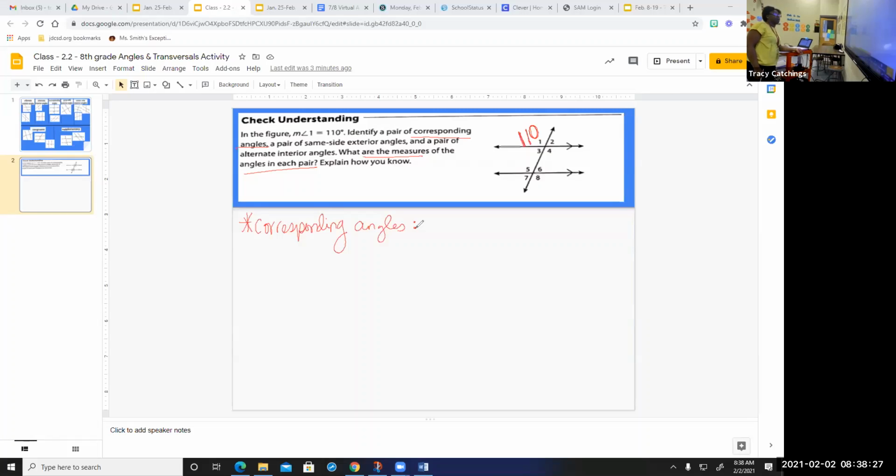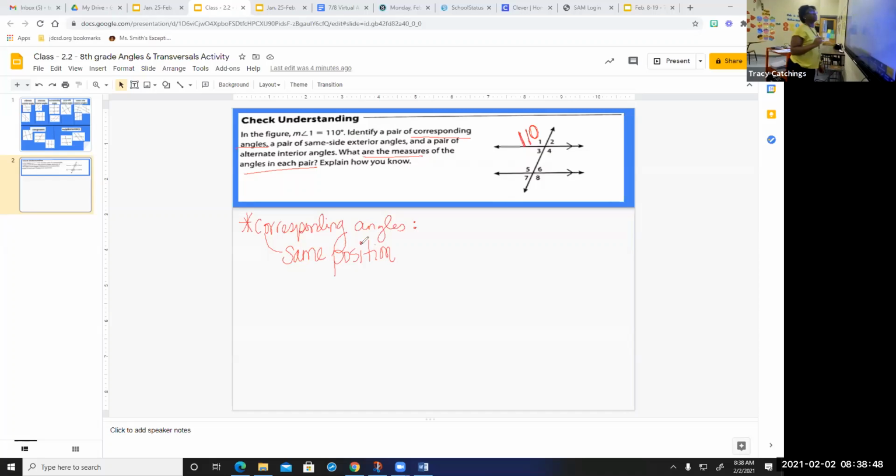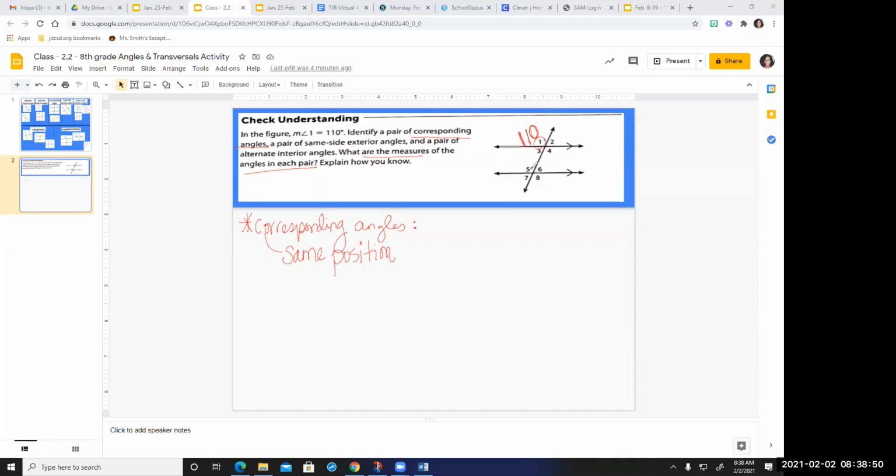Where do I locate them? Number 1, number 5. Why do you say number 1 and number 5? Somebody needs to know why. Because they're in the same position. They make the same angle and they're in the same position. Good job. That's the main thing. Same position. So that would be angle 1 and angle 5.